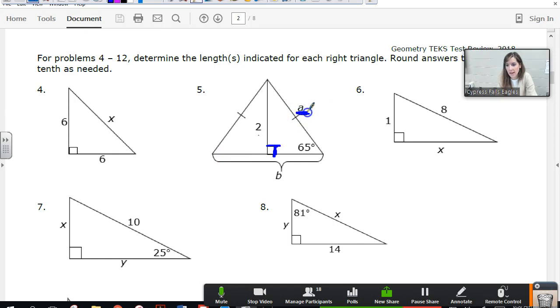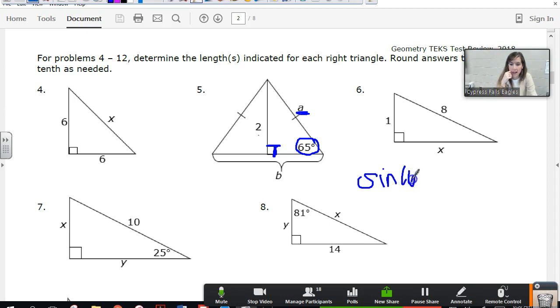Let's find A first. So we're looking for A right here. Here's our angle. That's our reference angle. That's where we're standing. So we've got opposite and hypotenuse. Remember, use your formula chart for trig if you forgot them, okay? So it's sine.